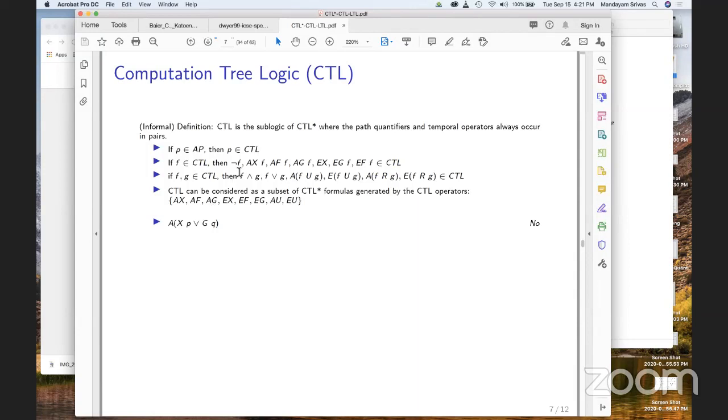G has to be immediately preceded by an A or an E. So this is not allowed in CTL. It is a well-formed CTL star formula, but it is not a CTL formula.